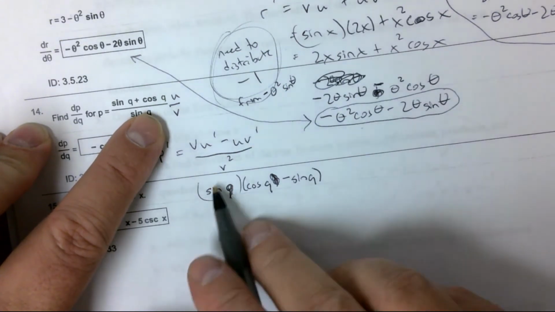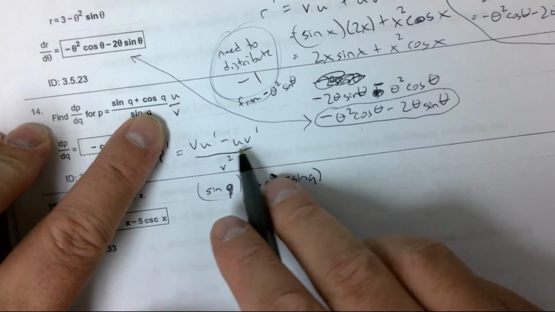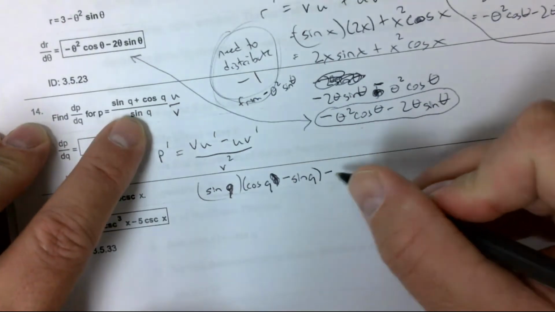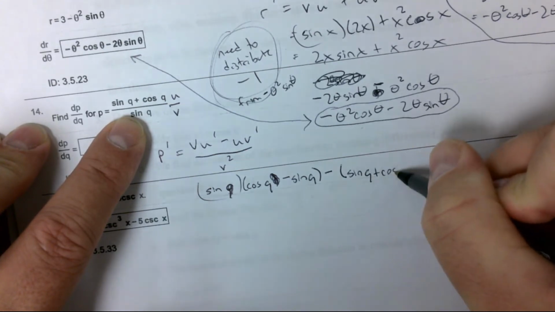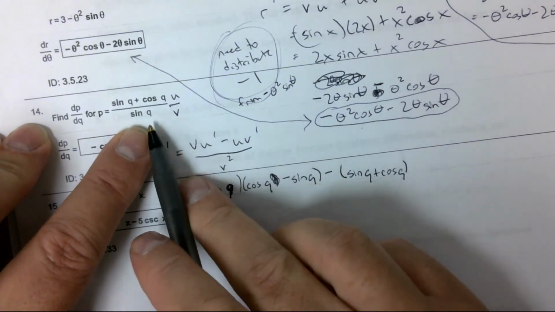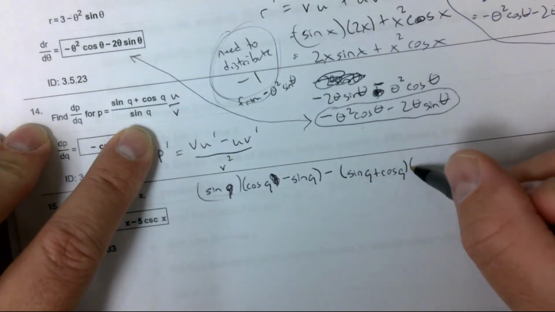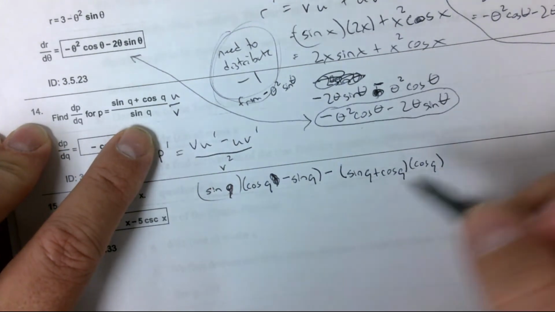So that's our v times our u prime. Now we need minus u times the derivative of v, which is the derivative of sine is cosine. All of that over v squared.